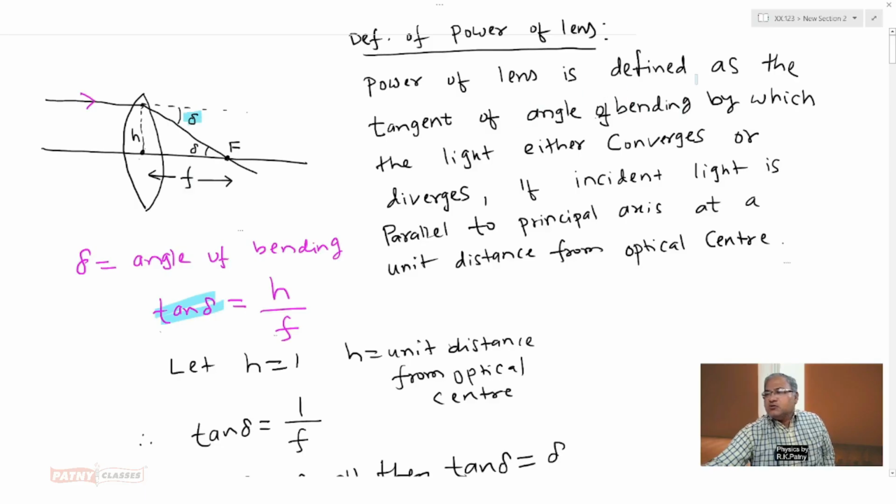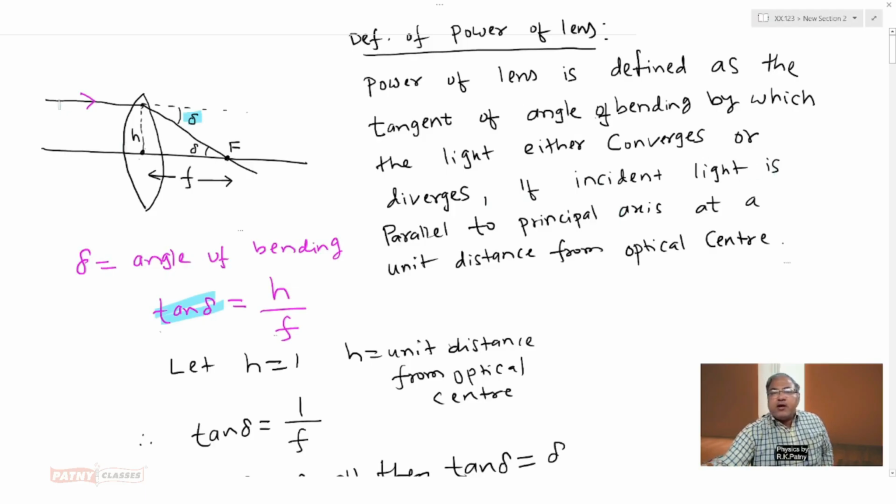So power of a lens is defined as the tangent of the angle of bending by which light either converges or diverges. In the case of a convex lens it converges, and in the case of a concave lens it diverges. So the power of a lens can be obtained for both convex and concave lenses if the incident light is parallel to the principal axis.